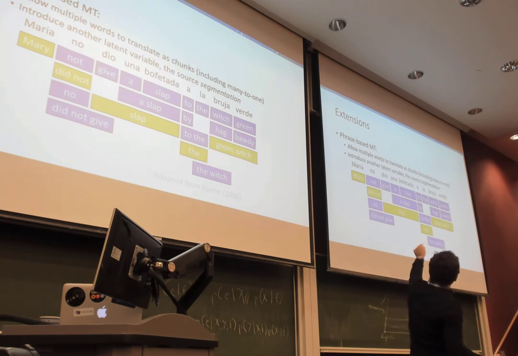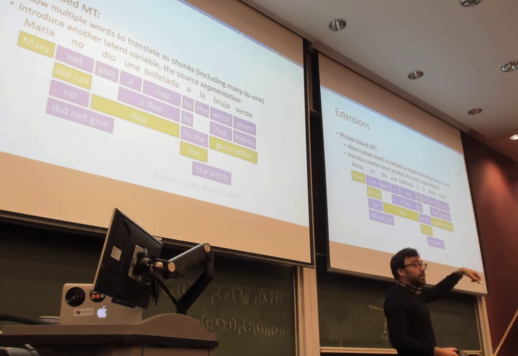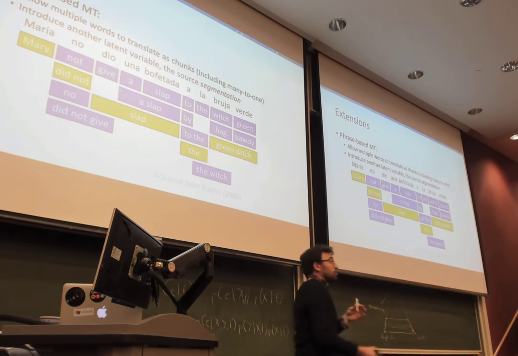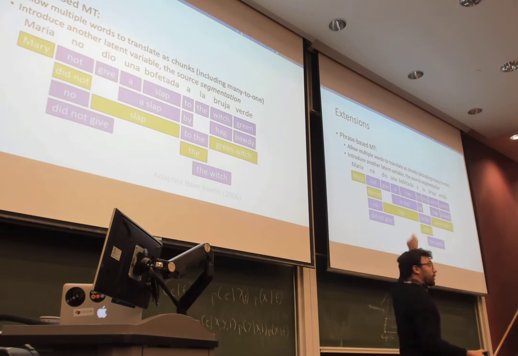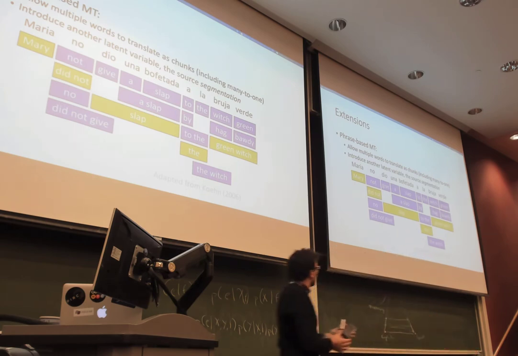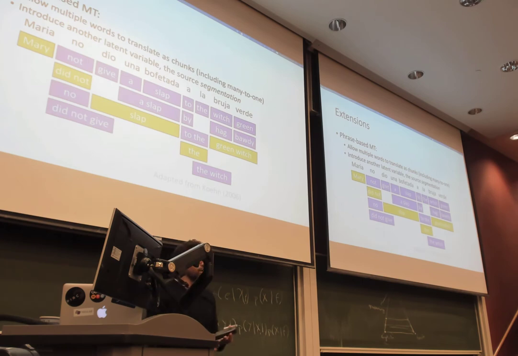"Mary did not give a slap to the green witch" has a probability, whereas another path, like "Mary did not slap the green witch," has a different probability, which in this case is higher because it's scored higher by the language model, the translation model, or the combination of both. Okay? And that's what we were using for many years.